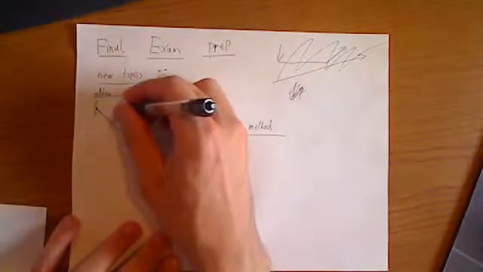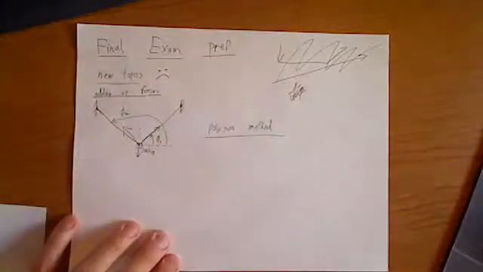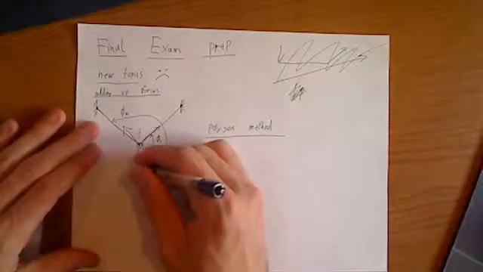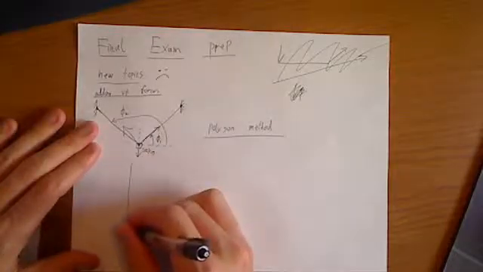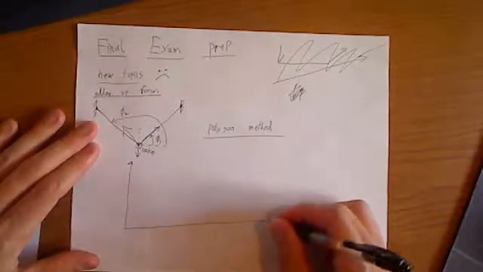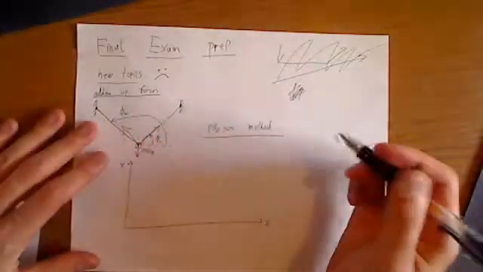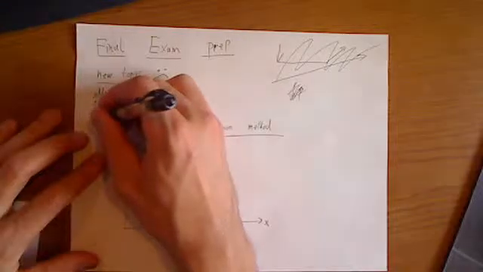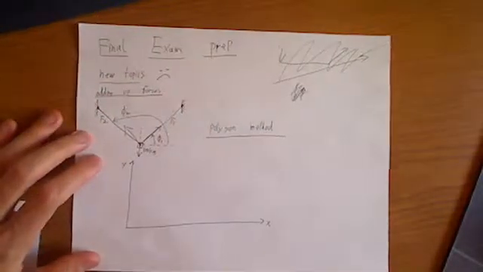Call this one phi2, again measured from the positive x-axis. And then we'll simplify this to just the x and y diagram here. The goal is to find out what's the force F1 in this rope and F2 in the other rope. That's the goal here.